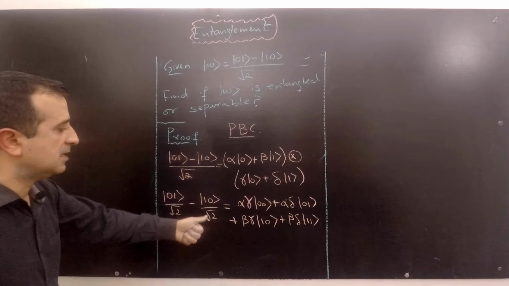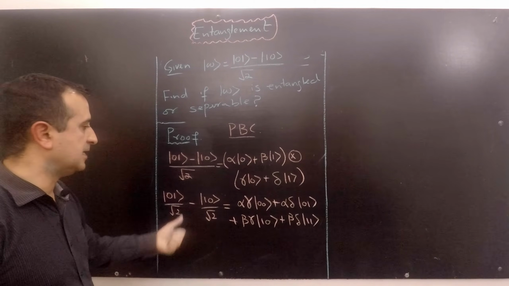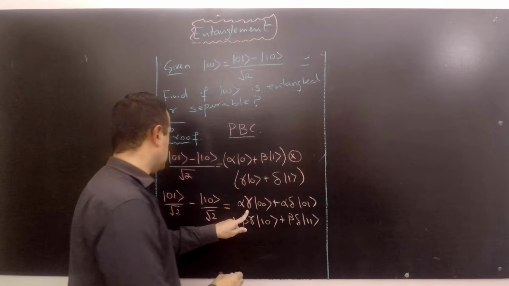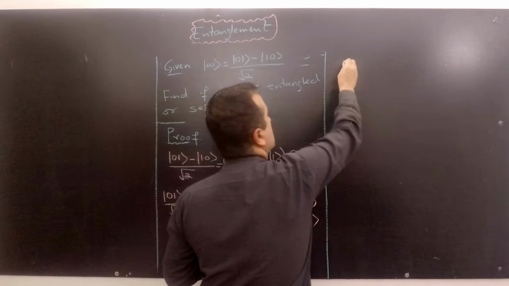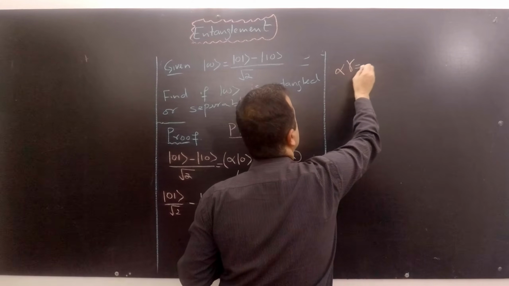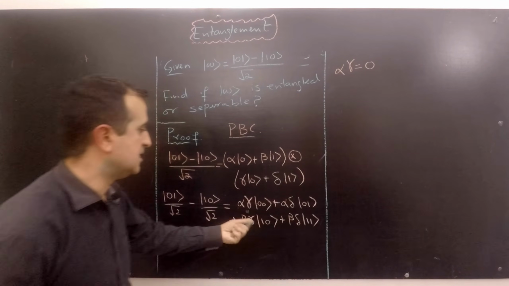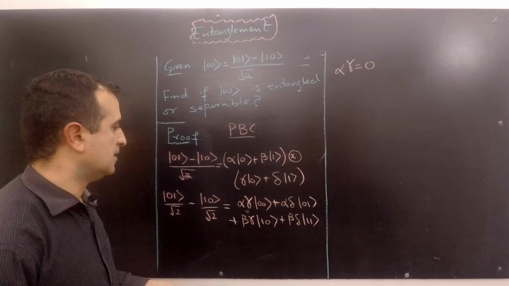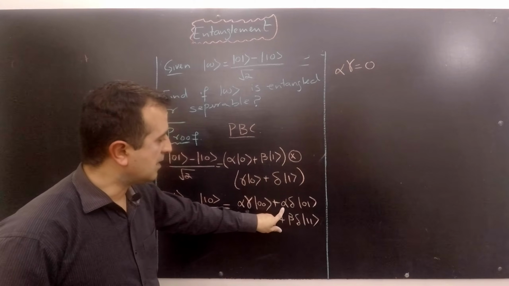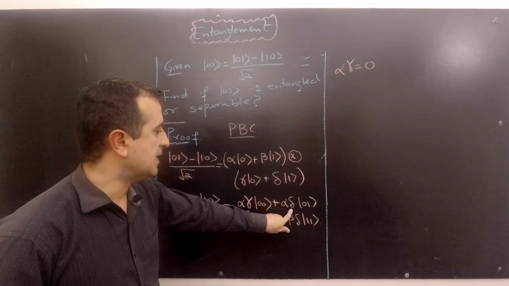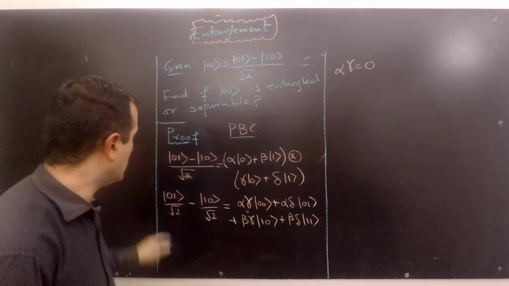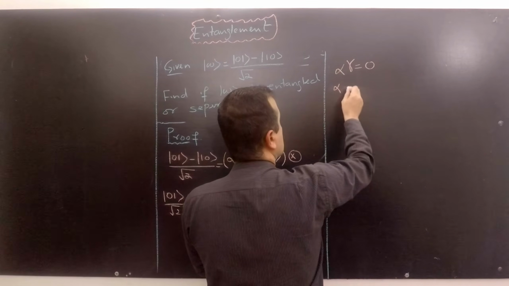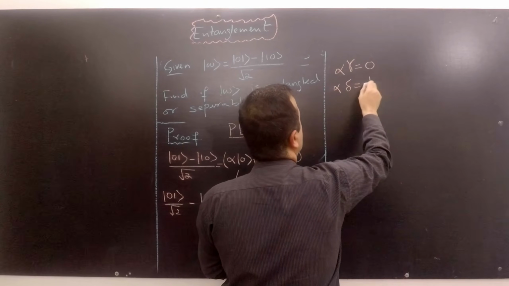From this equation we can ascertain that alpha gamma must be equal to 0, because there is no ket 0 0 on the left hand side, whereas alpha delta must be equal to 1 over square root of 2.